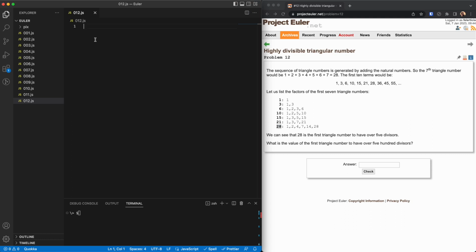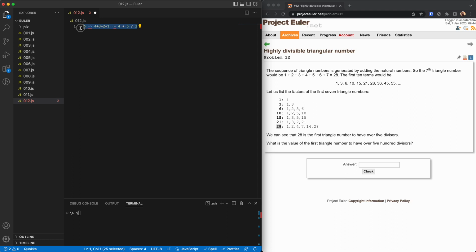Okay, so the first thing is that the triangle number for any number, like 4, is 4 plus 3 plus 2 plus 1. Or there is another formula: instead of just adding these numbers together, it is equal to 4 times 4 plus 1, which is 5, and then divided by 2.